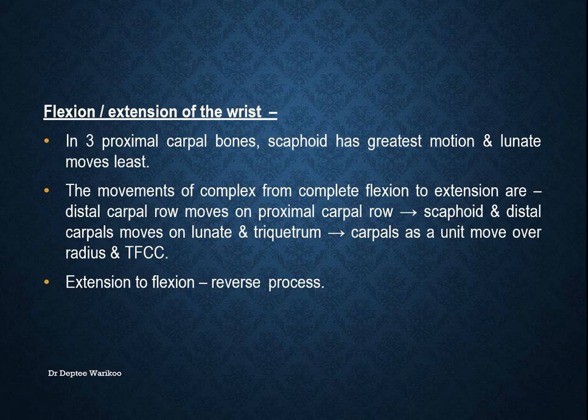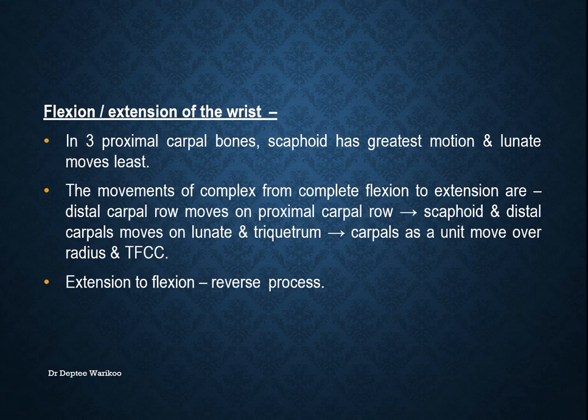Although the surface configuration of the midcarpal joints is complex, the distal carpal row effectively glides in the same direction as motion of the hand. When the wrist complex reaches the neutral, the ligaments spanning the capitate and scaphoid draw the capitate and scaphoid together into a close packed position.